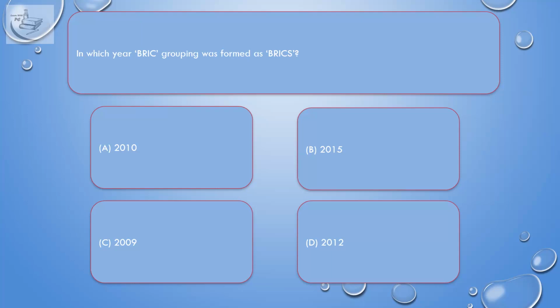Question: in which year was the BRIC grouping formed as BRICS? A. 2010. B. 2015. C. 2009. D. 2012. Correct answer is A. 2010.